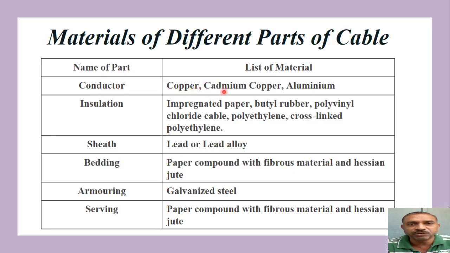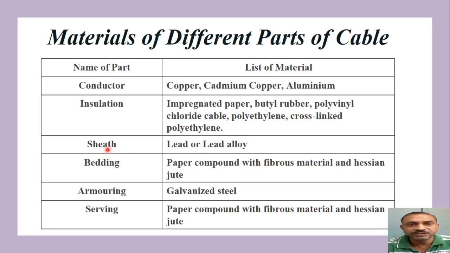The conductor is made from copper, cadmium copper or aluminum. The second layer is the insulation. The insulation is made from impregnated paper, butyl rubber, polyvinyl chloride (PVC) or polyethylene, and nowadays we mostly use cross-linked polyethylene, which has very high resistivity and high electric field strength.